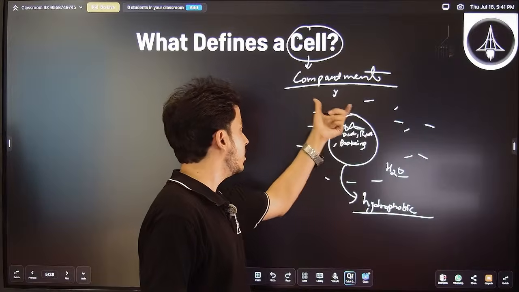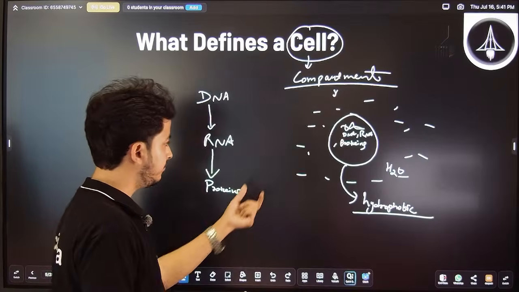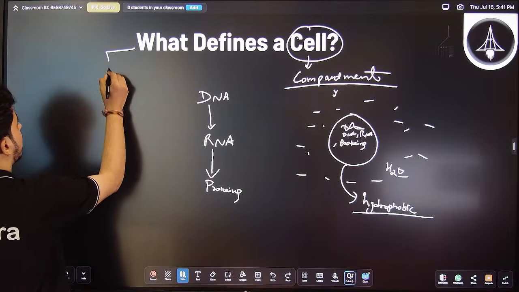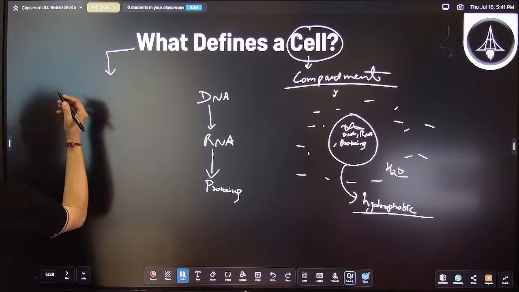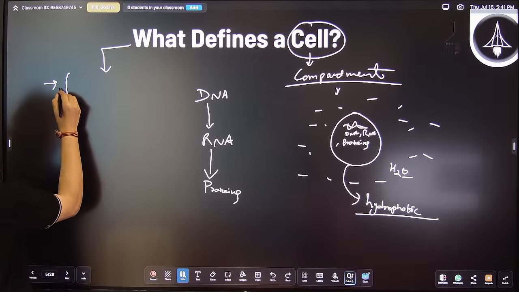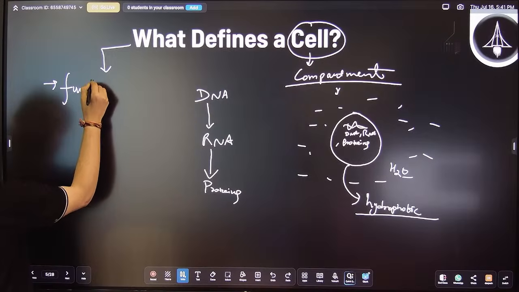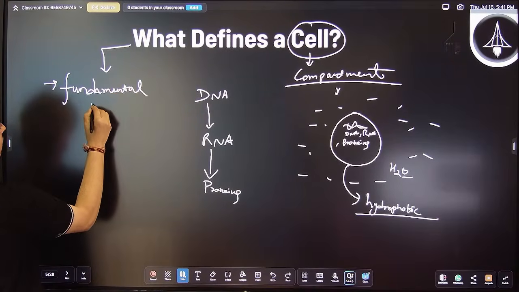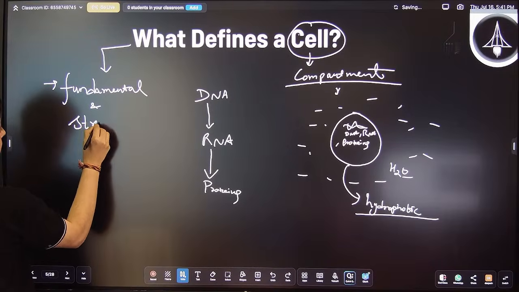This was the main idea why we refer to this compartment as a cell, and it was very correctly said by one of the students that the cell is the fundamental and structural unit of life.